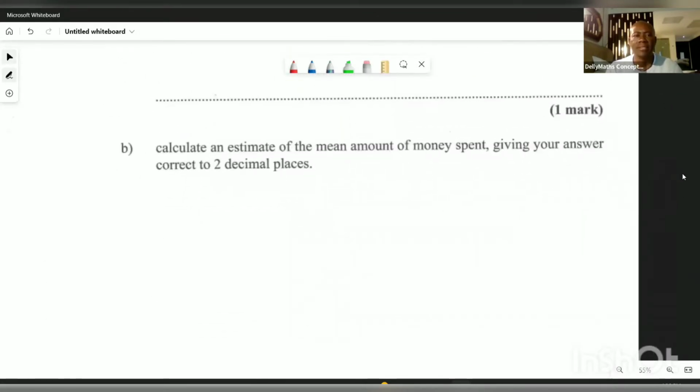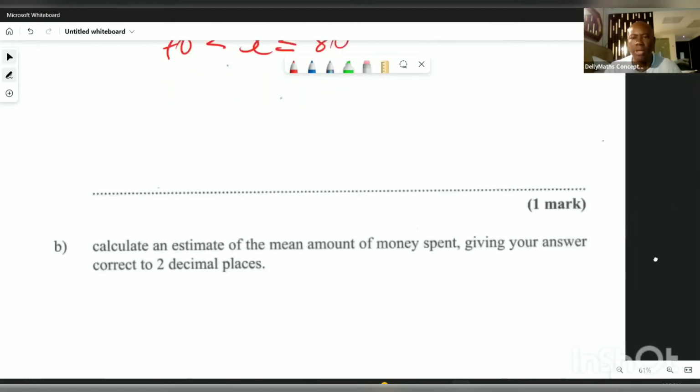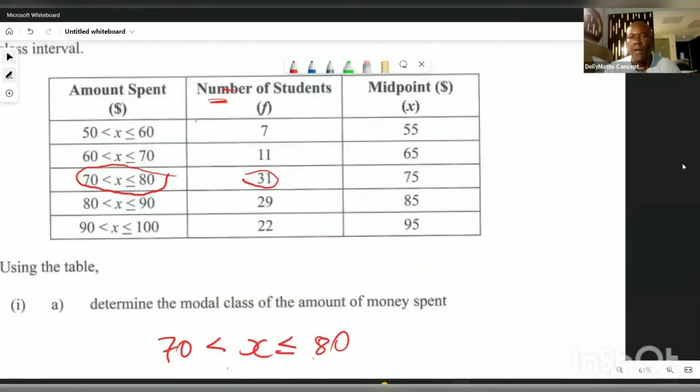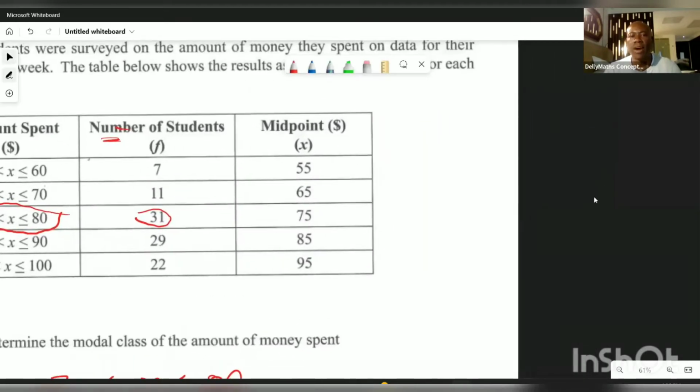Part B says calculate an estimate of the mean amount of money spent, giving your answer to 2 decimal places. So we want to find the mean. Remember, we have our f and our x, so we can create a little fx column based on the formula for the mean.